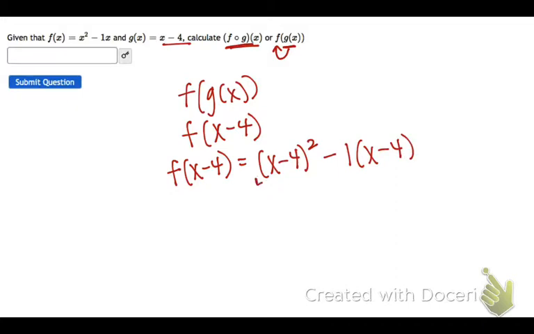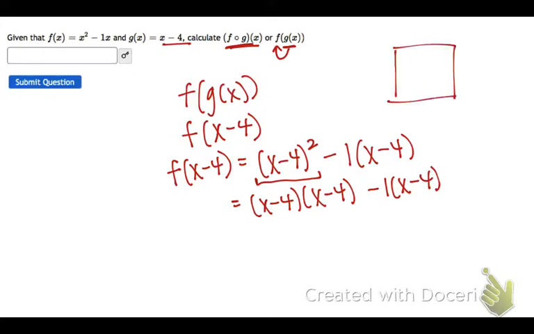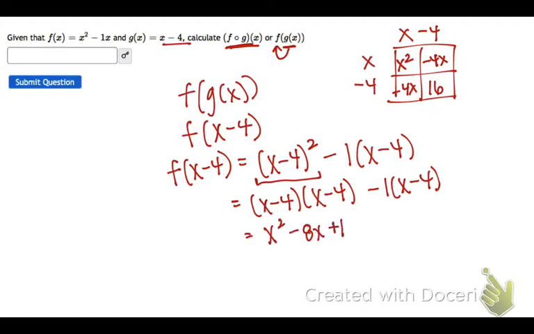Okay, this piece means we have it twice, so x minus 4 times x minus 4, minus 1 times x minus 4. So then if we do our x minus 4's, that's x squared, negative 4x, negative 4x, and 16. So this will be x squared minus 8x plus 16. Distribute this in, so you get negative x plus 4, which means we have x squared minus 9x plus 20. That's what this equals.